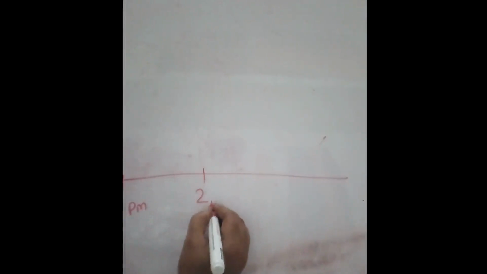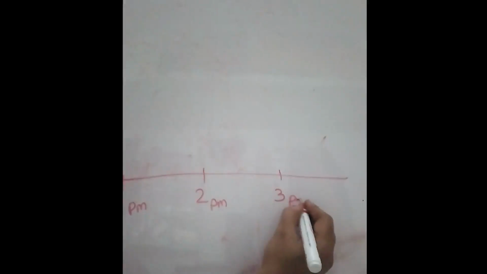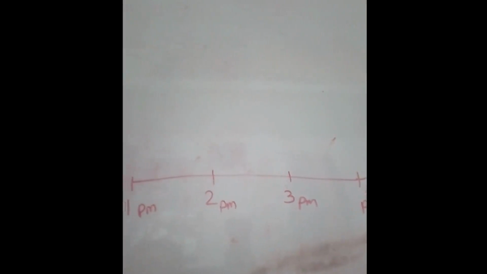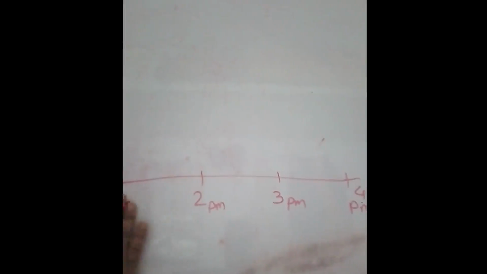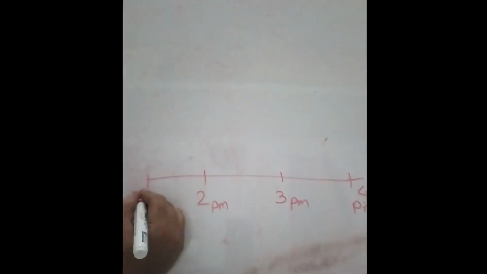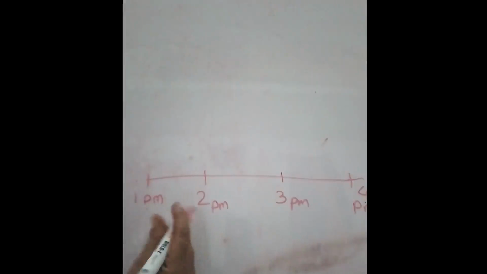So you have to make a timeline here. 1 p.m., 2 p.m., 3 p.m. and 4 p.m. This is the timeline.